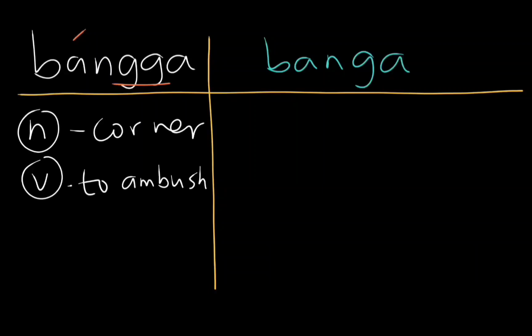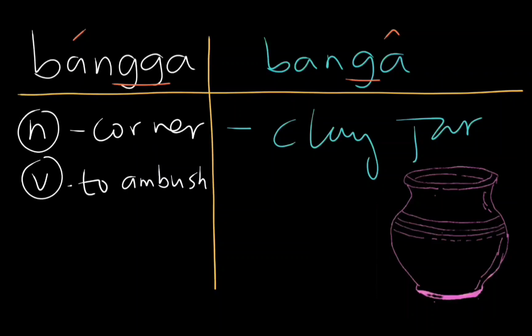Not only does the pronunciation change, but the meaning as well. This word now is pronounced as banga. Also notice the hard ending at the end. And it is no longer read as bangga, but banga, meaning a clay jar, as in the picture shown here.